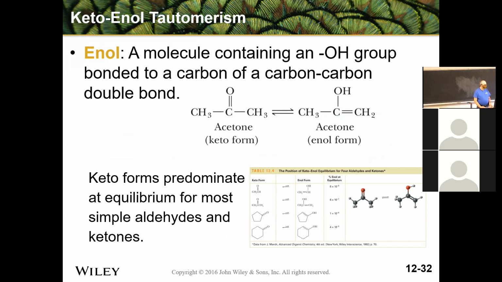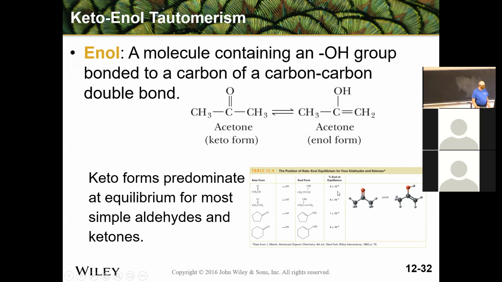All right, an enol is a compound that has an alcohol directly attached to an alkene. Enols usually are not stable. For example, here's acetaldehyde.